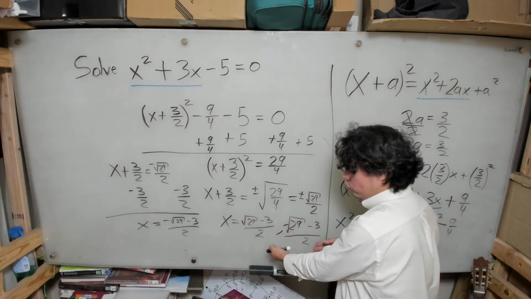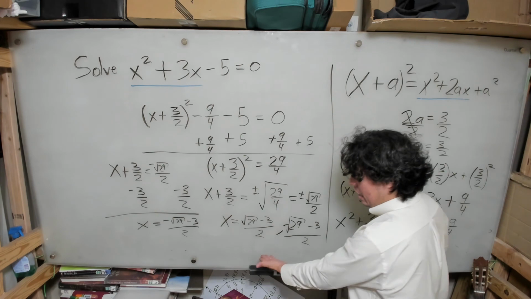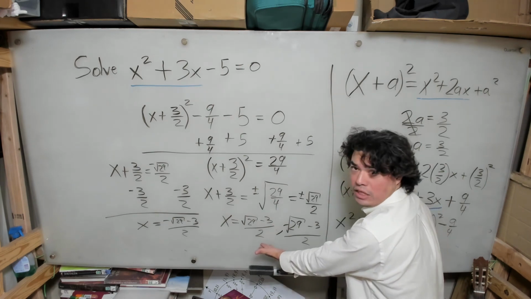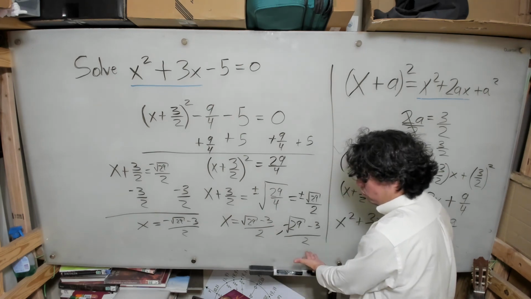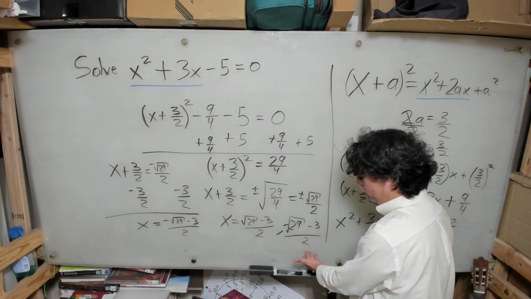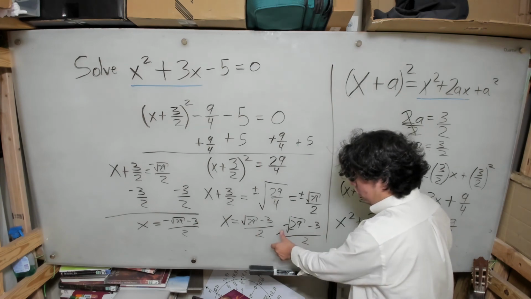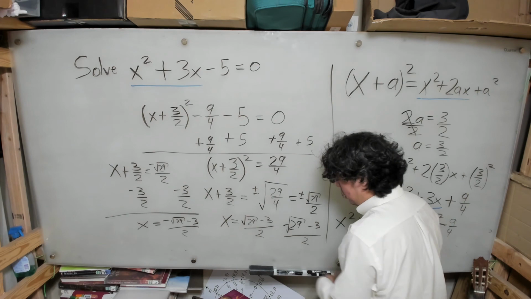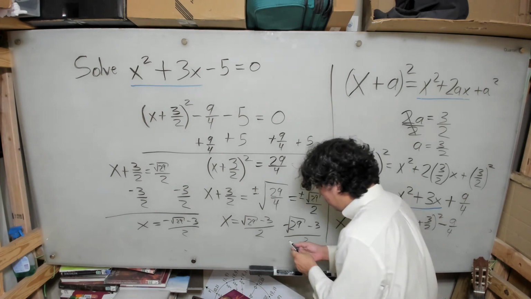And these are your two solutions. X equals square root of 29 minus 3 over 2, and x equals negative square root of 29 minus 3 over 2. That comma looks atrocious, oh my god. Okay, put a nice comma here, like this.